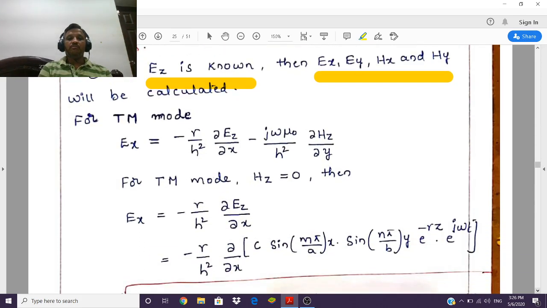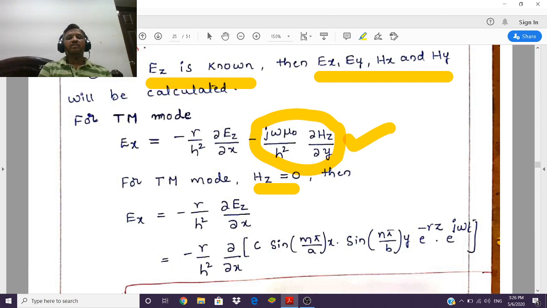I told you one simple procedure to remember this Ex, Ey, Hx, Hy. By using that you can write this Ex as minus gamma by h square dou Ez by dou x minus j omega mu naught by h square dou Hz by dou y. But in the transverse magnetic mode, it's very clear that Hz is 0. Once Hz is 0, this entire term will become equal to 0.